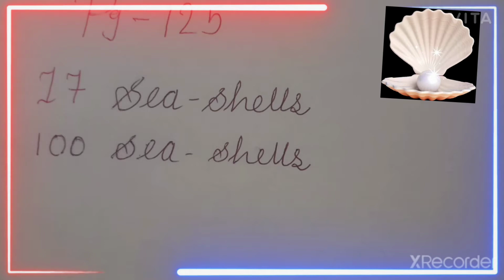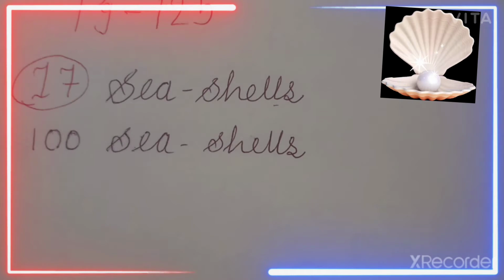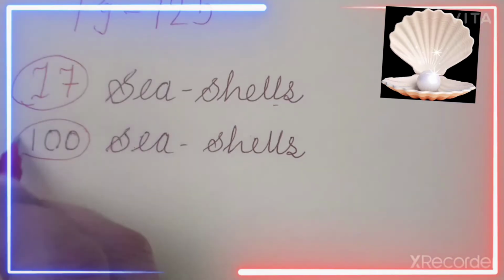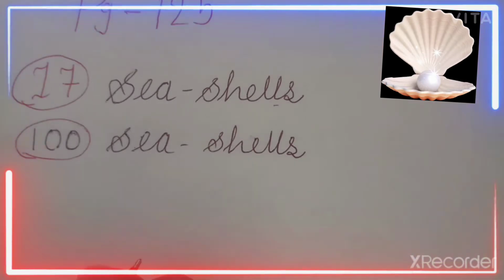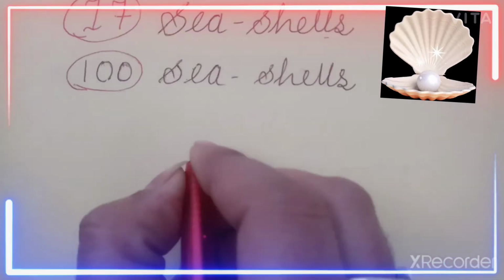Now, Kannu has collected 100 seashells, but one necklace will be made using 17 seashells. So we have to find the answer from 100 seashells. How many necklaces will be made? So let's divide this number.